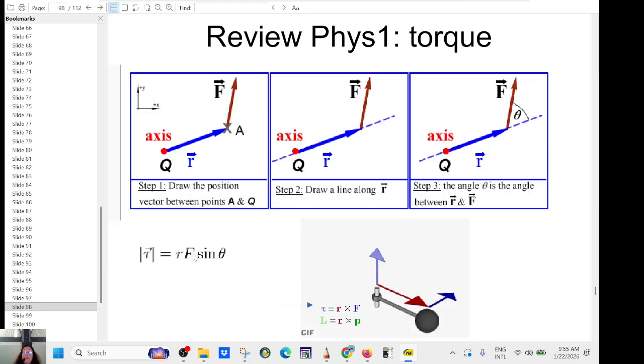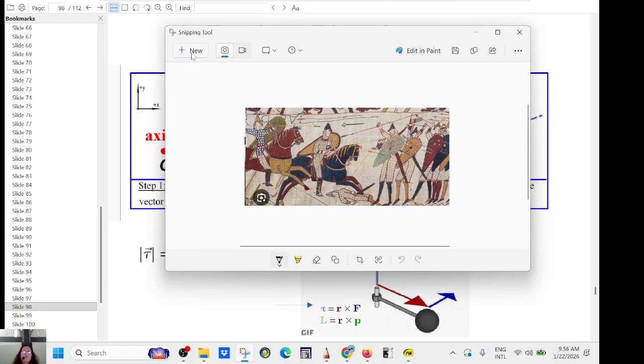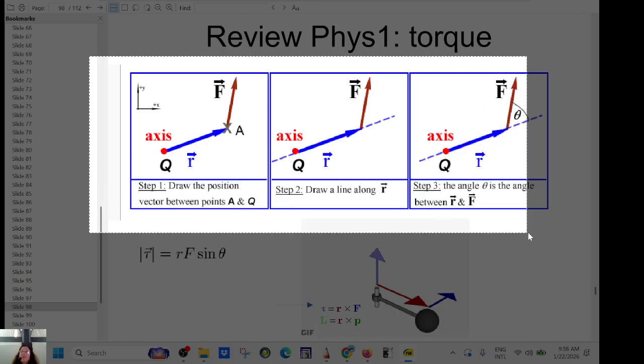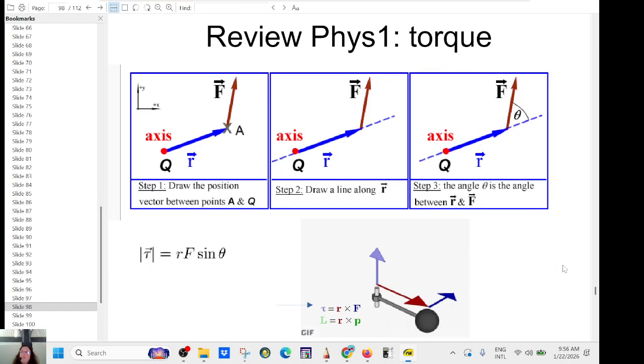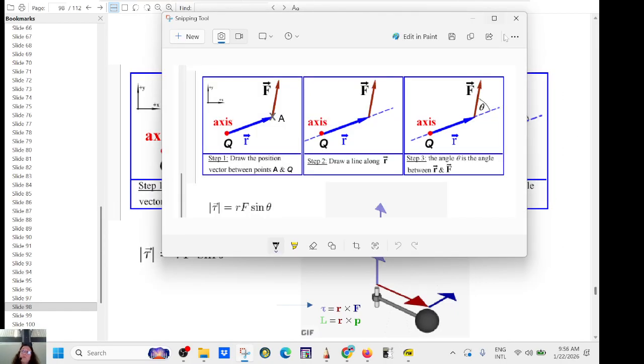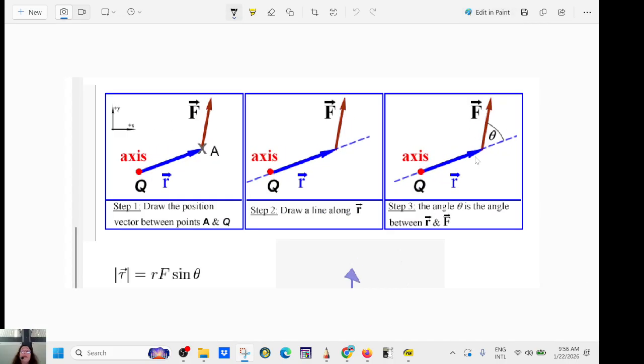So the torque will be R, the distance between the axis and where the force is applied, times the force, times the sine. And that's where it gets tricky, because the sine is the angle between that distance, R, and F. And they try to trick you sometimes, because you know the complementary angle. So sometimes you want to use cosine instead of sine.